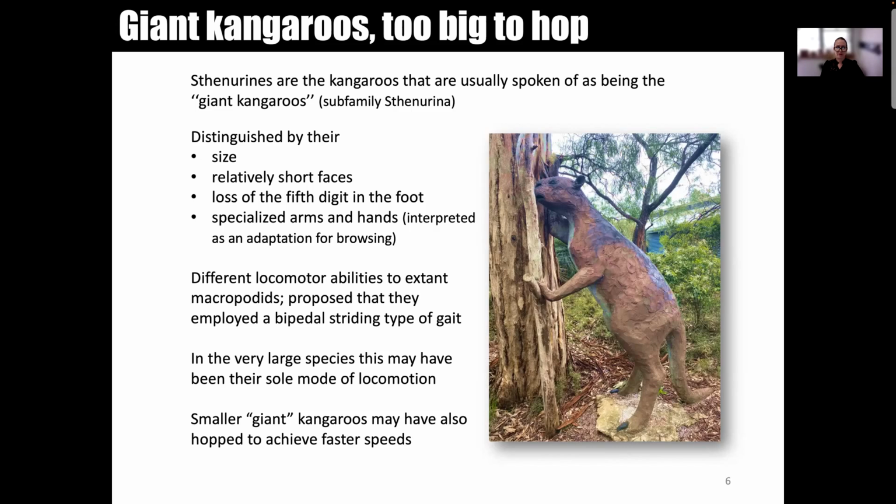They are believed to have had different locomotor abilities relative to macropodids that we see today, and it's been proposed that they employed a bipedal striding type of gait, so no hopping. No hopping in those very large species, so that kind of bipedal striding would have been the sole mode of locomotion. The smaller of the giant kangaroos may have also hopped to achieve faster speeds.